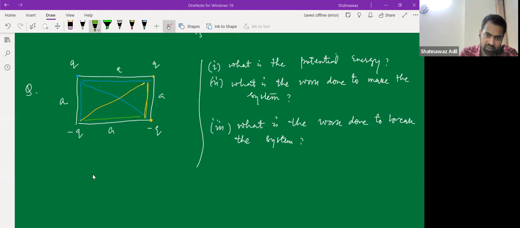So let us calculate all those energies. The potential energy would simply be, first is this, kq square by A. And then we have this, minus kq square by, this is what?